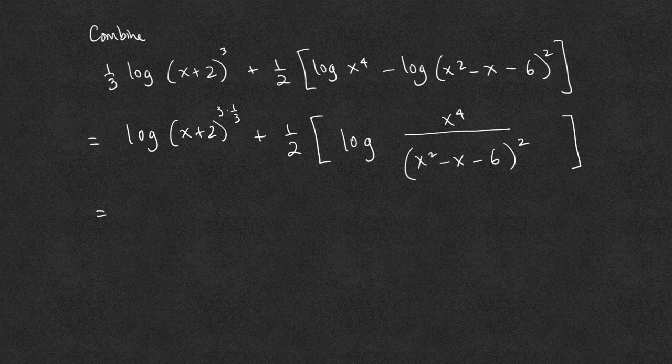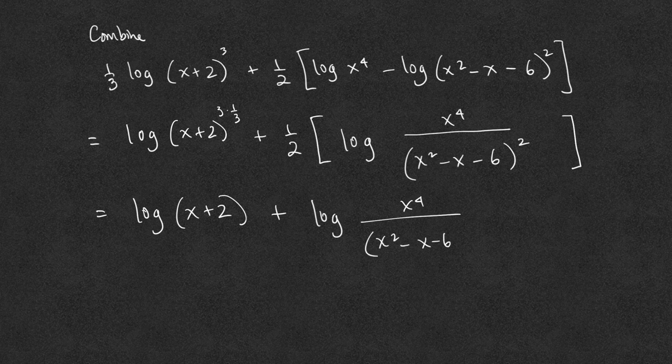So first we simplify the first term, which is now simply log of x plus 2, plus log of x to the 4th over (x squared minus x minus 6), the quantity in the denominator squared, and we would bring the 1/2 to the exponent of the argument, which is this expression.